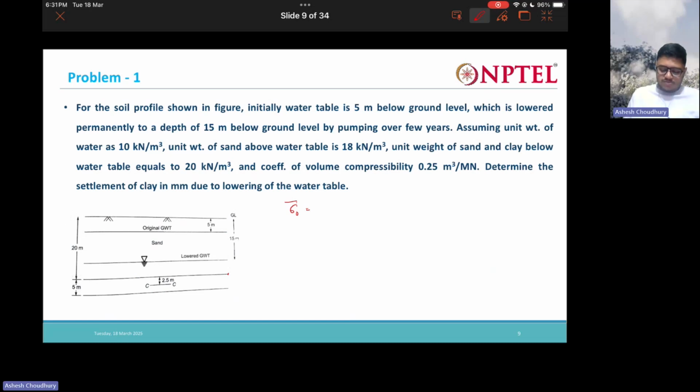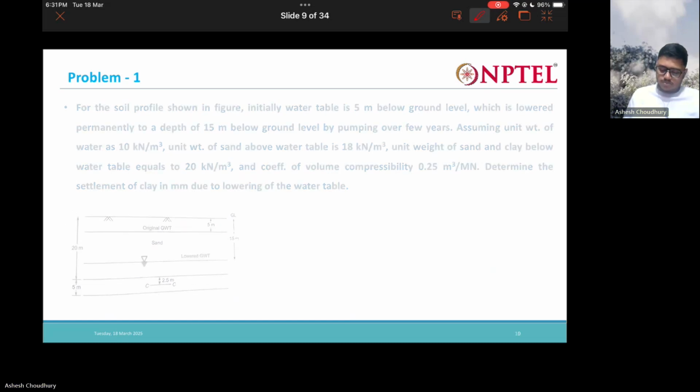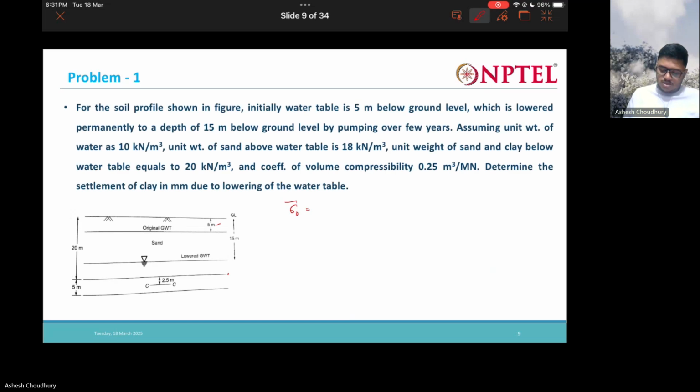So 5 times the unit weight of sand above the water table, which is 18.